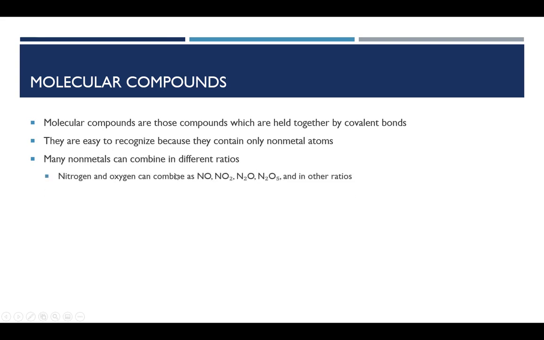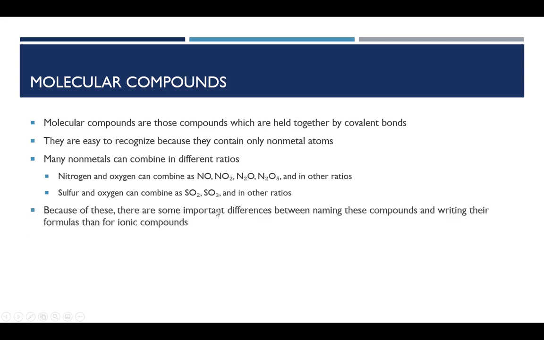And just for one set of evidence on this, look at what nitrogen and oxygen can come up with. So 1 to 1, 1 nitrogen to 2 oxygens, 2 nitrogens to 1 oxygen, 2 nitrogens to 5 oxygens. I know there's also N2O4, so there are other ratios. And sulfur and oxygen can come together as SO2 and SO3.